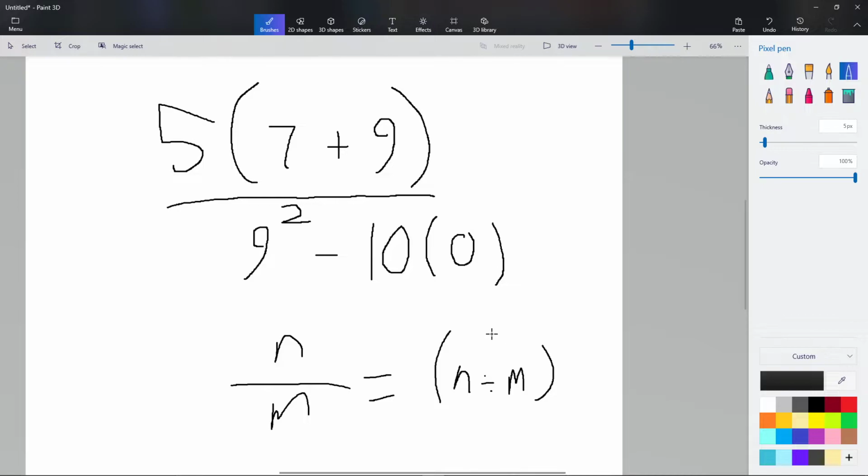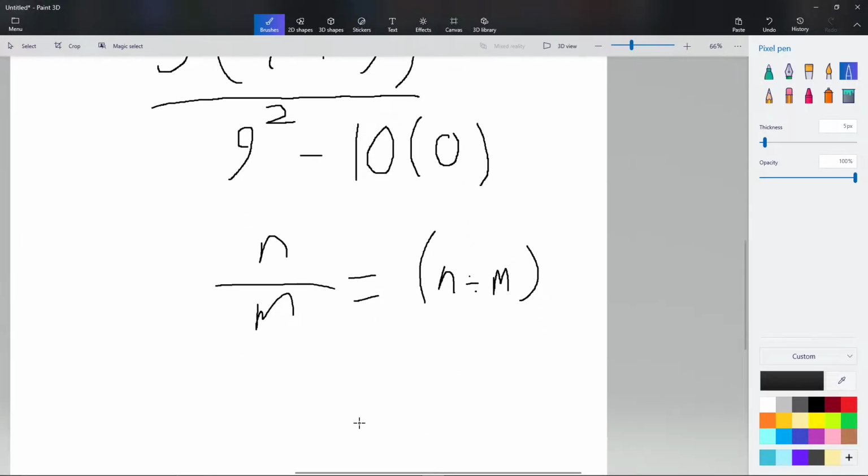I may have talked about this previously in another lecture, I don't remember, but if I did, this is what I'm referring to. That fractions are actually telling you what parentheses are, and parentheses are important in the whole grand scheme of things.